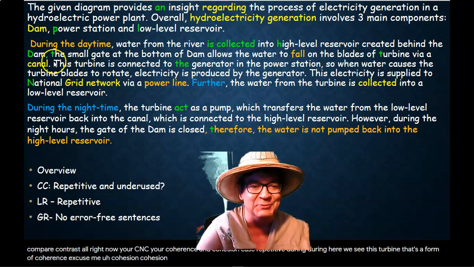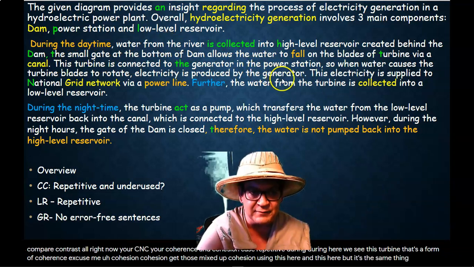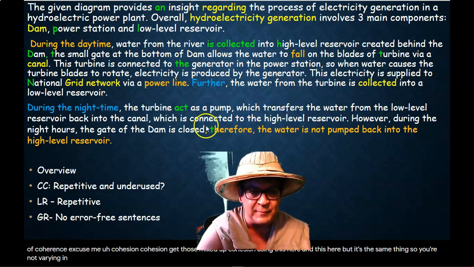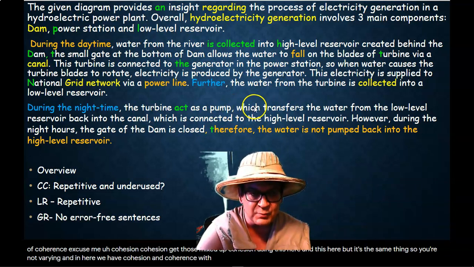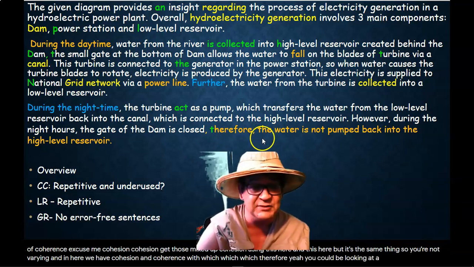Cohesion. Get those mixed up. Cohesion using this here and this here, but it's the same thing. So you're not varying. And then here we have coherence with which. Therefore, you could be looking at a 6 there in CNC as well.